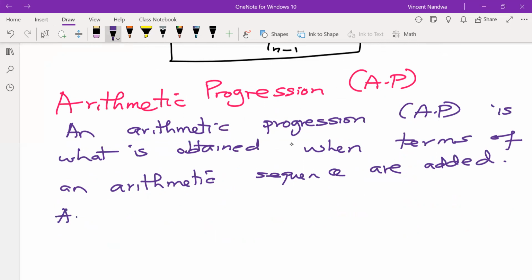Then an AP is also called an arithmetic series.